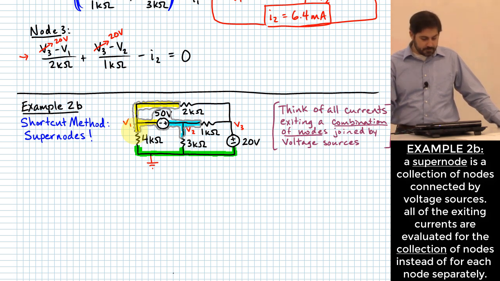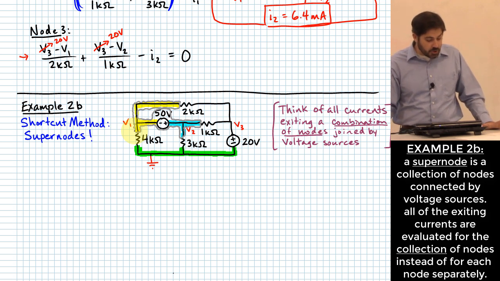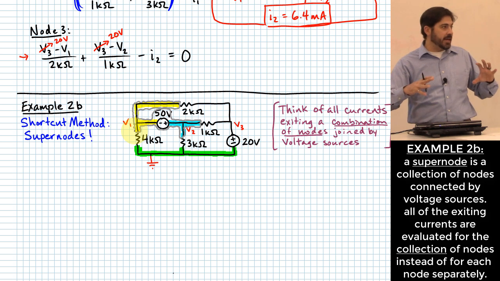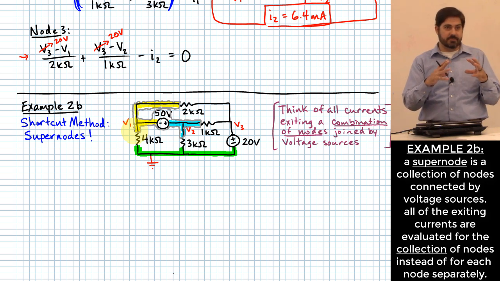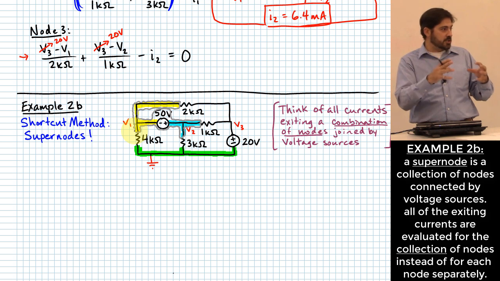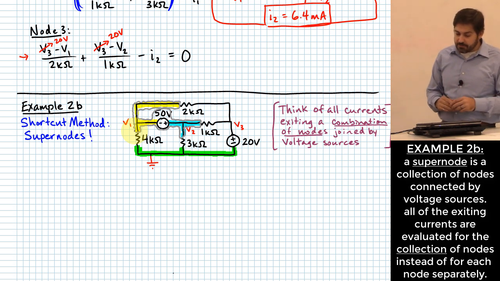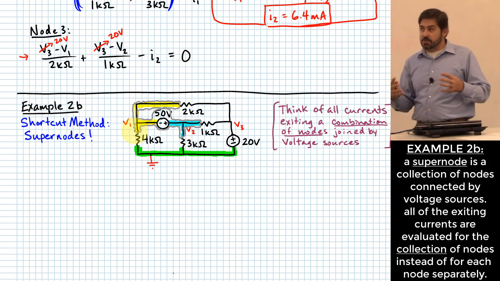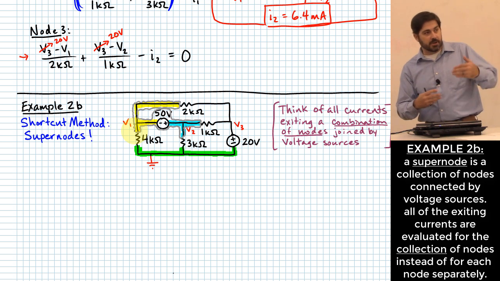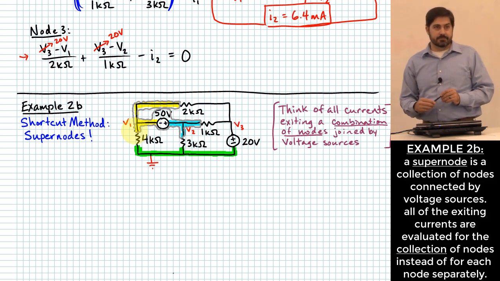Now, when I do that, I don't lose sight of the fact that I do have two different voltages within that node. That can't be done on a real node, right? A real node has the same voltage everywhere in that node. But when you have a supernode, you can have different voltages at different locations within the supernode. So the only use we get out of the supernode is defining a different way of accounting for all my entry currents and exit currents.